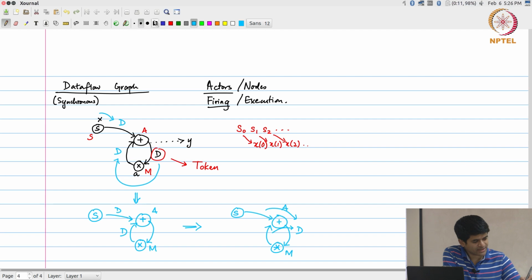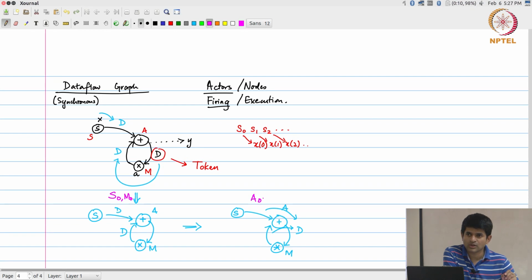So what is the sequence of firing that has happened? Effectively, I have had this sequence which says S0 fired over here, and M0 also fired. After that, over here, A0 has fired.